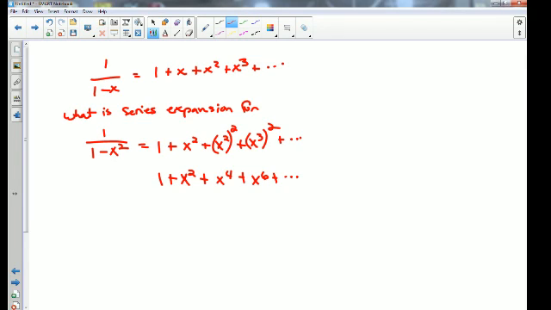You can directly substitute, it still works. And then calculus, integrate, differentiate, term by term. Okay. Any questions? All right, so geometric series, and then we're looking at expansions of series, derivatives, integrals, and substitution.